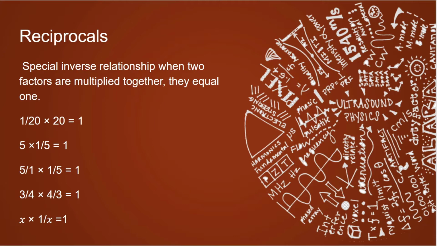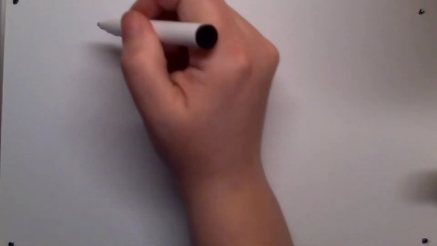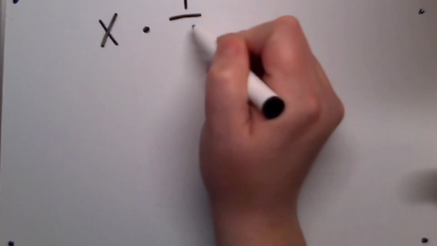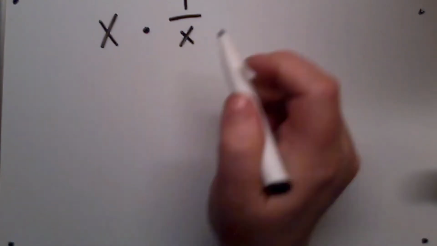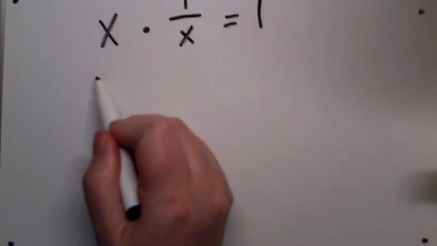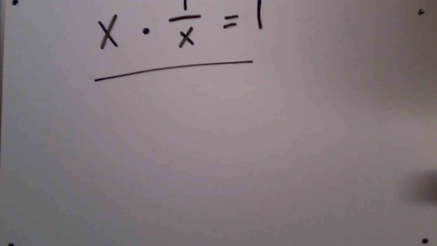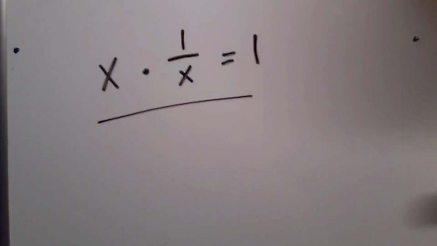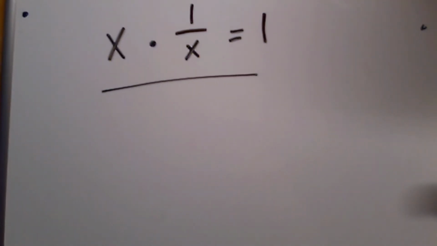So the pattern that we're seeing here is that x times 1 over x equals 1. So again, we have our variable times 1 over the variable, that is going to equal 1. When that works out, that is going to equal a reciprocal.